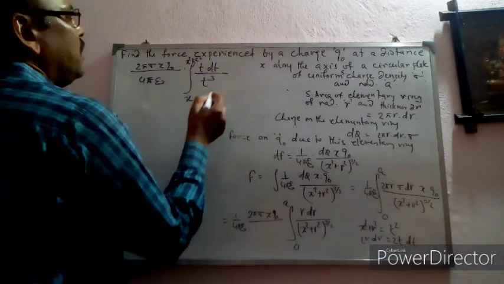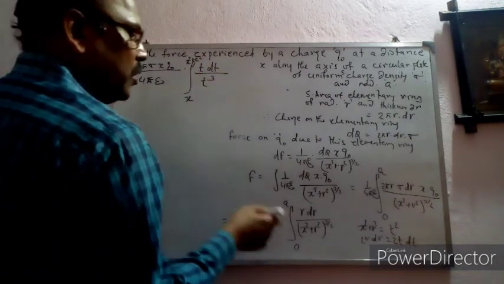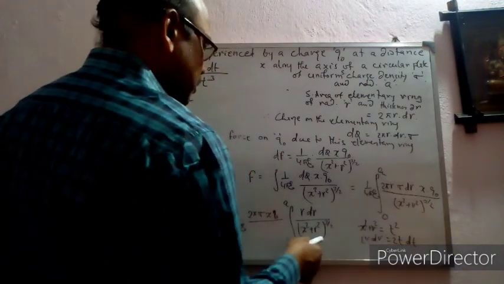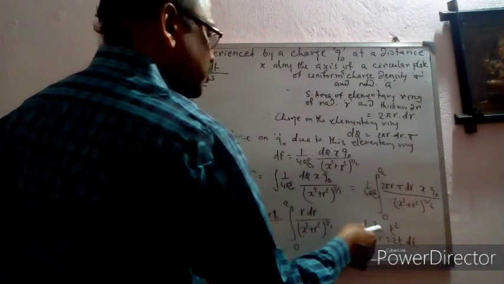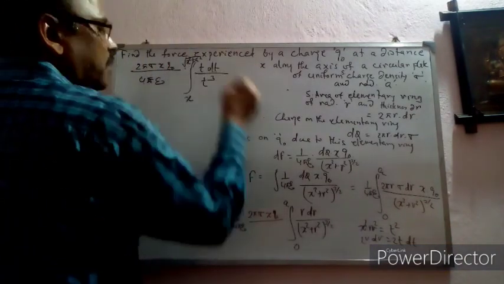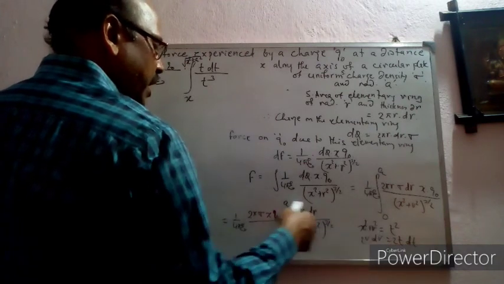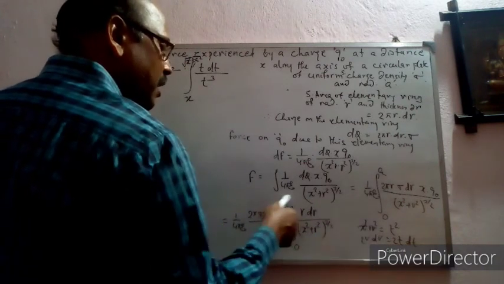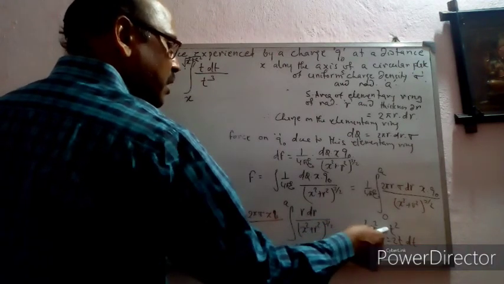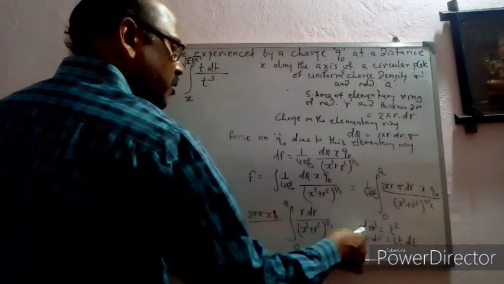The value of t changes from x to square root of x square plus a square. When r is equal to a, x square plus r square is equal to t square, so t is equal to square root of x square plus a square.